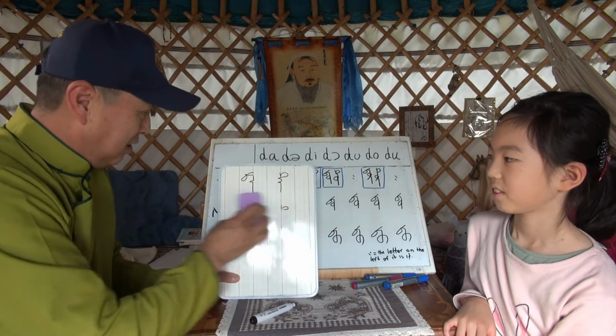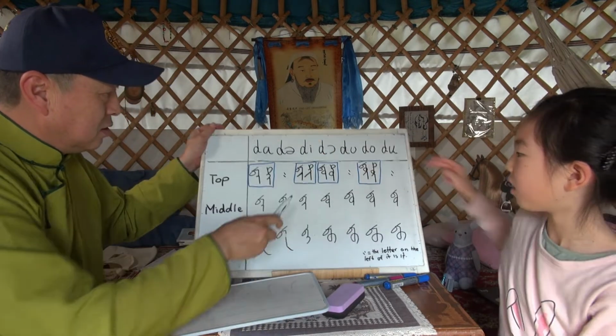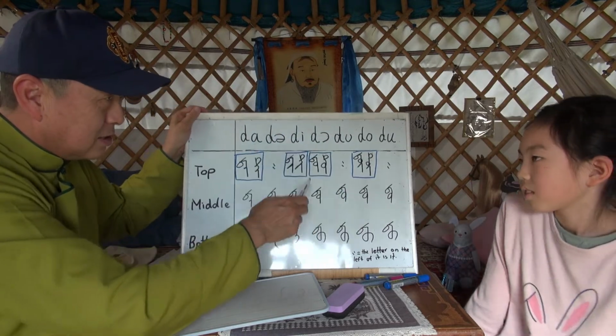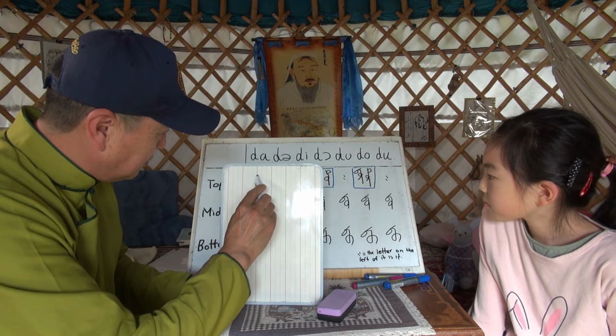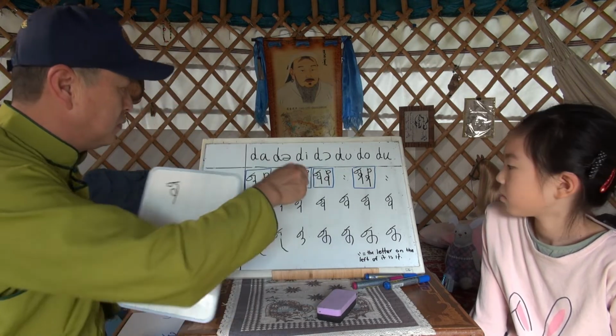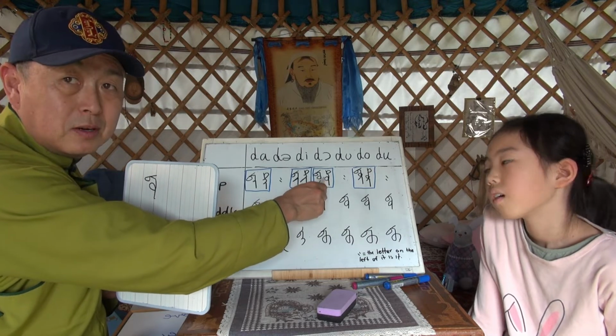So let's move to da, do. Da. Do. It looks exactly the same, all right? Let us write da. Actually, do you know why we have these two shapes? This one is for writing the original Mongolian words.